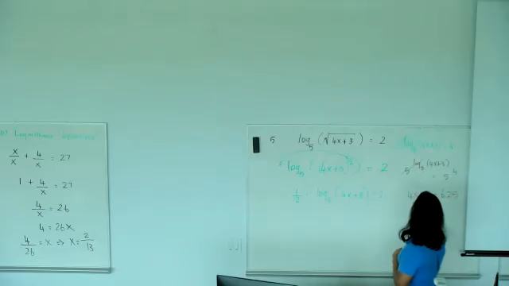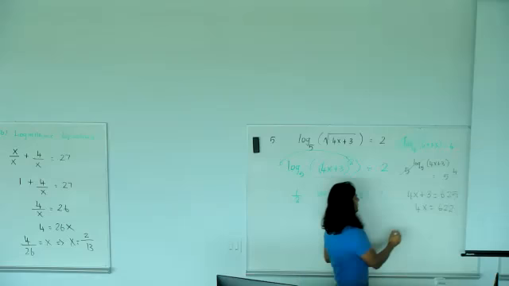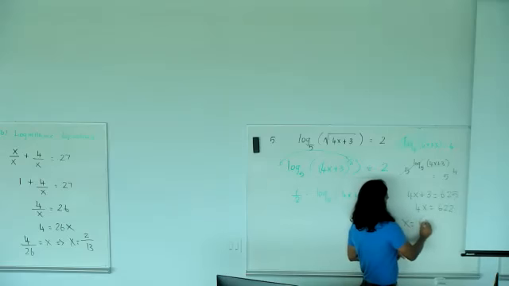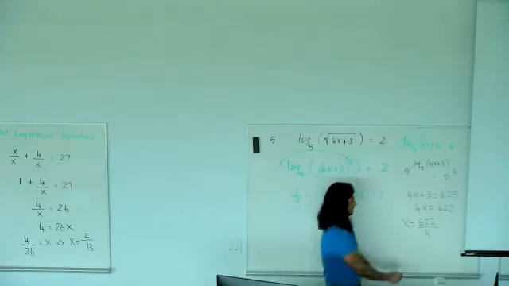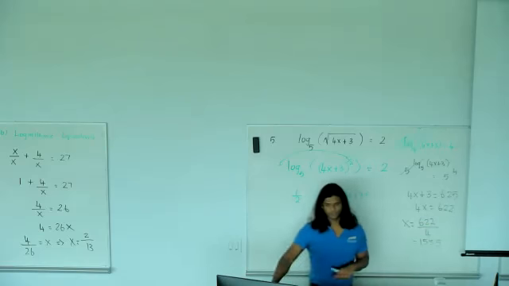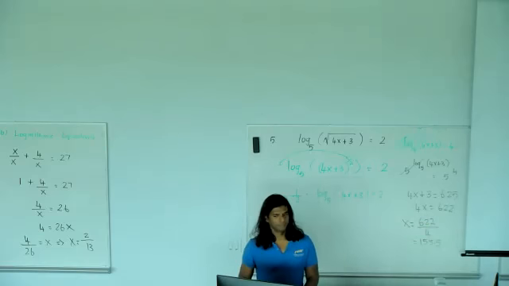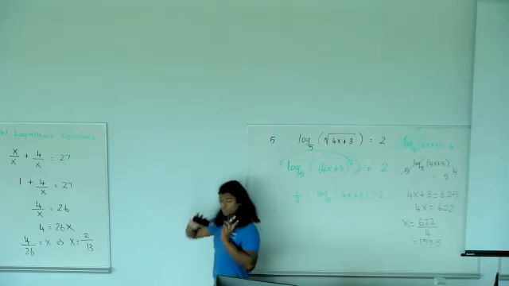Subtract 3 on both sides. 4x would equal 622. Next step, you divide by 4 on both sides. 622 divided by 4 is 155.5. Okay. Any questions before we move on?